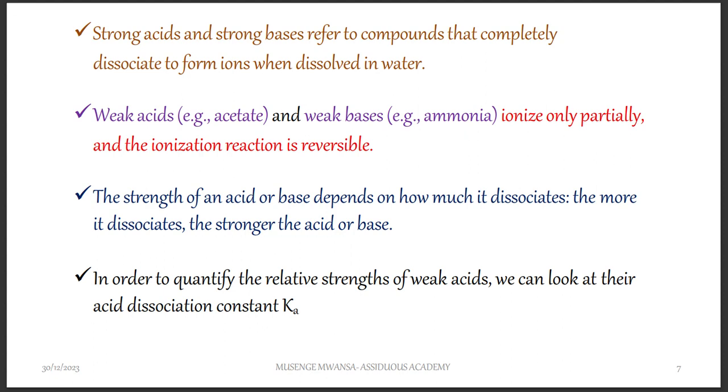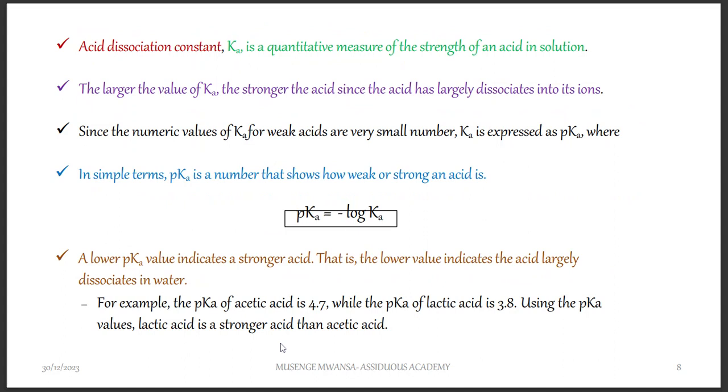If you want to compare the strength of acids, you can look at their acid dissociation constant, known as Ka. The acid dissociation constant Ka is a measure of the strength of an acid in solution. If you have a large Ka, it means that acid can dissociate more, so it is a stronger acid.